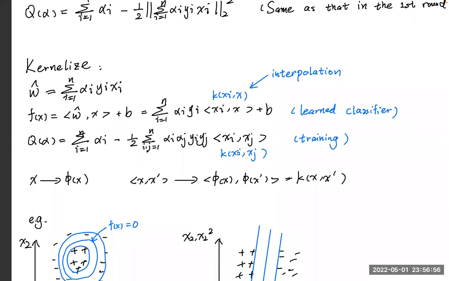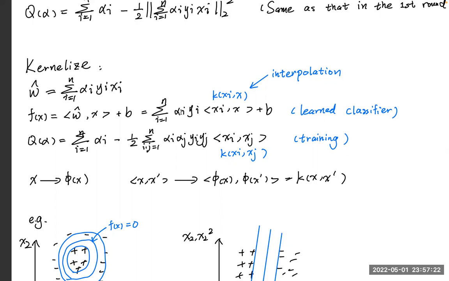So in the training stage, if you write things in terms of inner products, you have a lot of inner products to add up. But in any case, all the computations can be done in terms of the inner product. So the training can be done in terms of this inner product so that you get Q(α), and you can maximize Q(α) to get the optimal α_i.